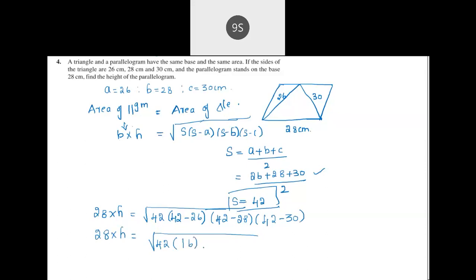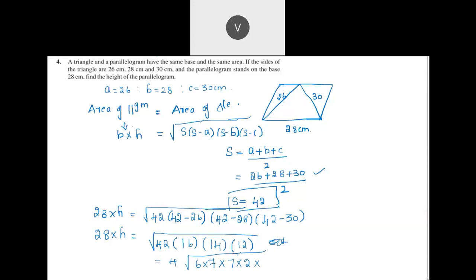And 42 minus 28? 14. 42 minus 30? 12. What is square root of 16? 4. And then we can write this 42 as 6 into 7, and this 14 can be written as 7 into 2, and then this 12 can be written as 4 into 3 or 6 into 2.